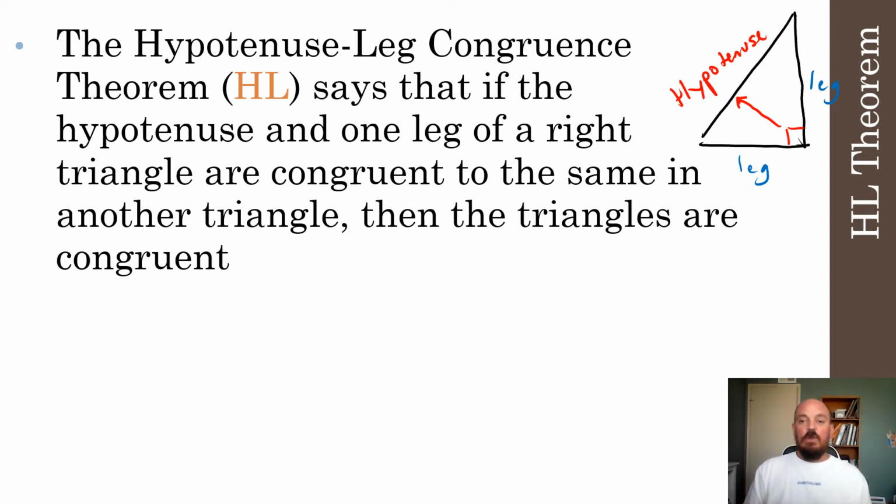So if I had two right triangles, and I could show that the hypotenuse was congruent in both of those triangles, and I could show one of the legs, it doesn't matter which one, then those two things are enough by HL to say the triangles are congruent.